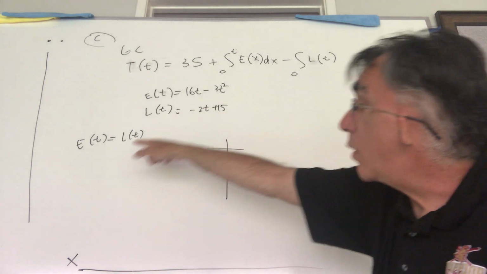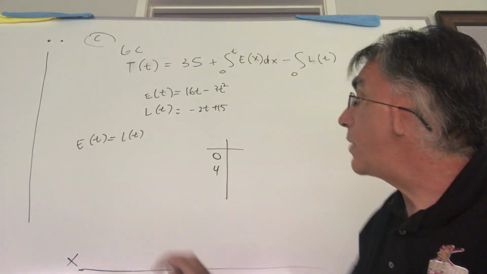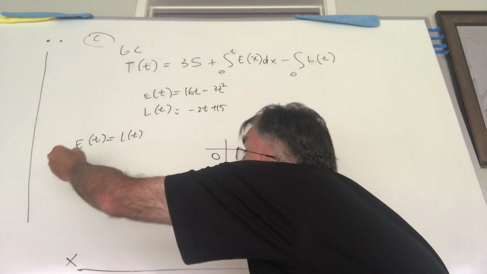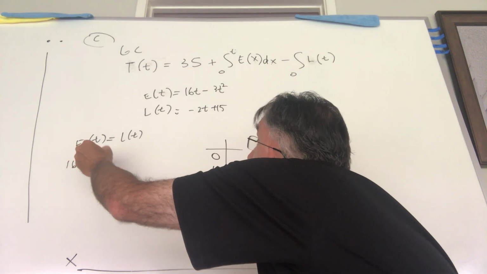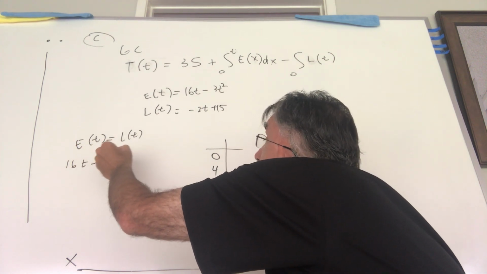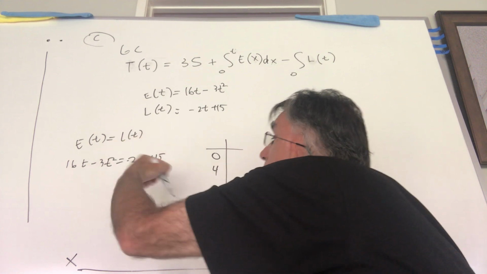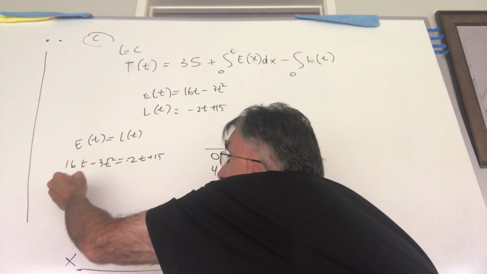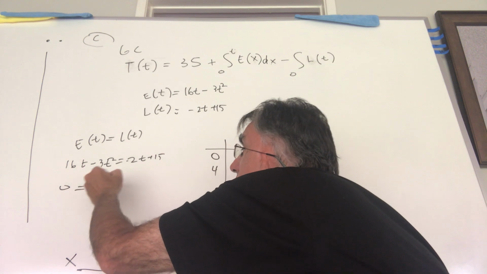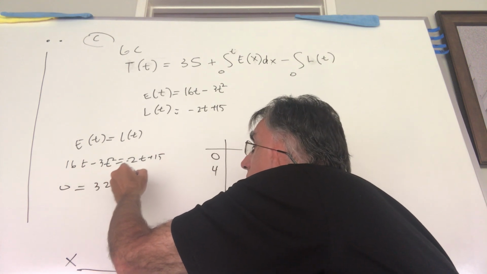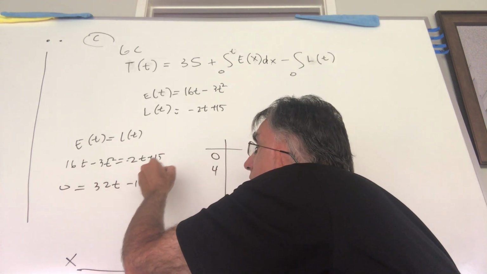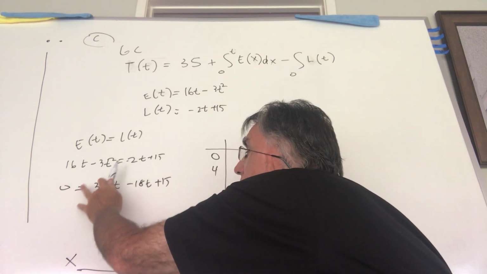But now, when is the rate in equaling the rate out? Well, we got to do a little bit of algebra. Move everything over. 3t squared minus 18t plus 15.